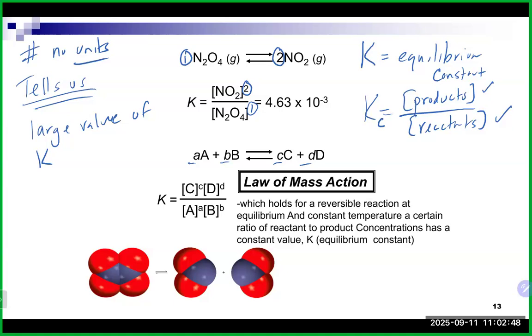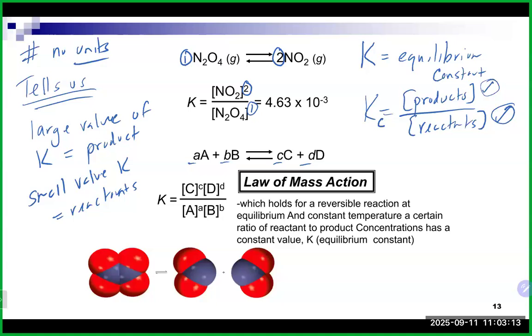And vice versa, if we had a small value of K, we would expect to have more reactants present for the same reason. In order to get a small value, your top number needs to be smaller than your bottom number. So if we have a larger bottom number, we will end up with that.